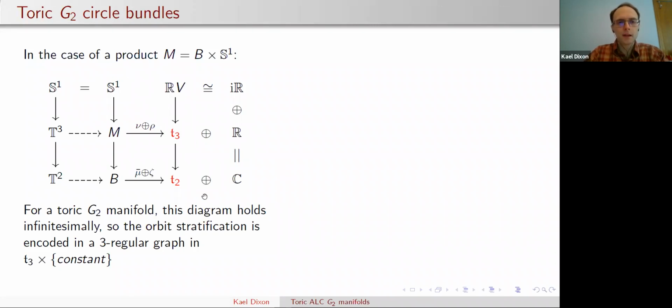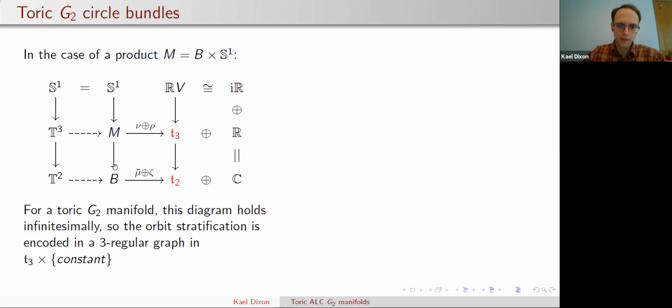So the thing that works well with the product is that the scalar terms are very well related to each other. Here this complex valued multi-moment map zeta: the real part would just be rho for the G2 moment map, and the imaginary part is basically the quotient of the projection from the Lie algebra parts of the multi-moment map.